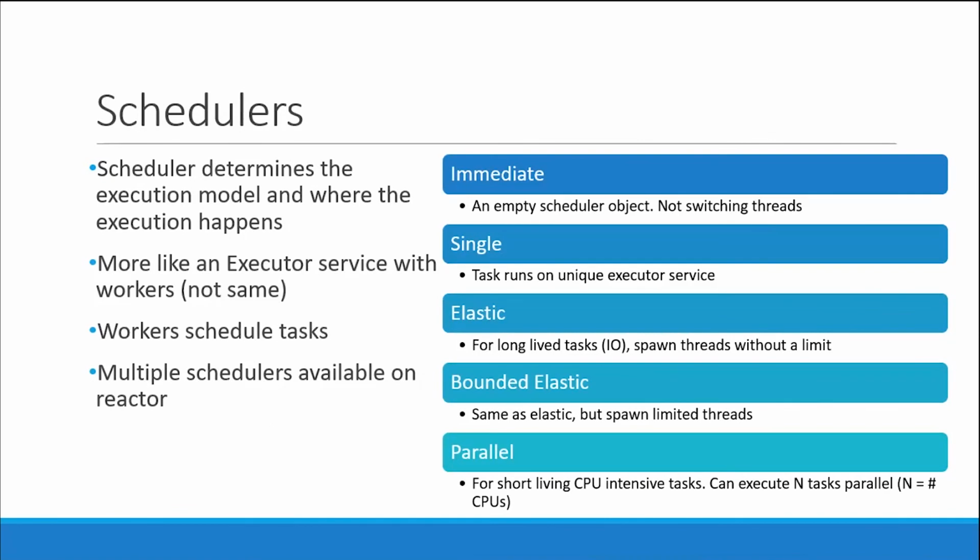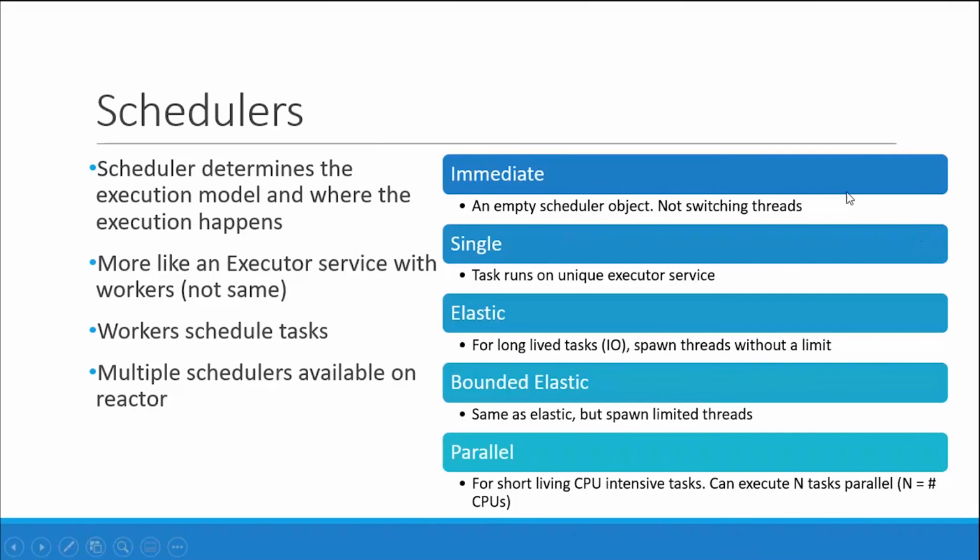So as I said, there are schedulers to do our threading work. The scheduler determines the execution model and where the execution happens. As I said, it's like an executor service. We have the following schedulers available in Reactor.